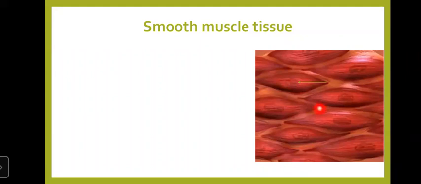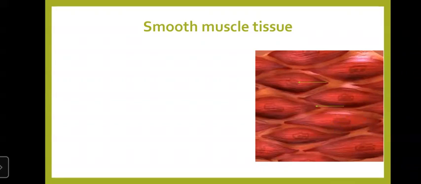Here you can also notice that there is only one nucleus, the dark red color oval shaped structure that you see in the center. There is only one nucleus in one muscle fiber. This is one single muscle fiber and there is only one nucleus.